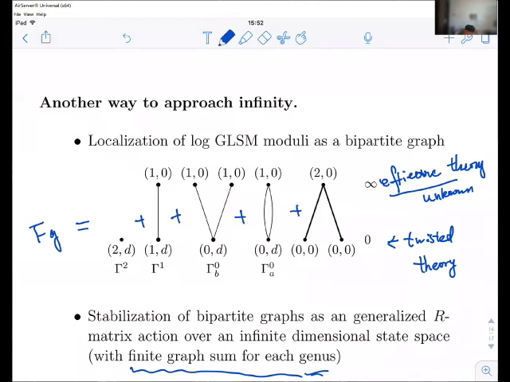And the conifold gap means that this Fg, when you expand it at some other special point, if we denote by delta the conifold coordinate, it will look like delta^(2g-2) times some constant, I don't remember, something related to the Bernoulli number, plus some regular part in delta. This is what we call the conifold gap.